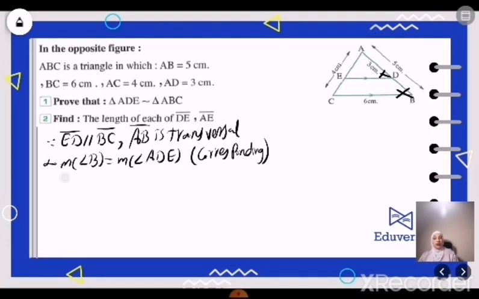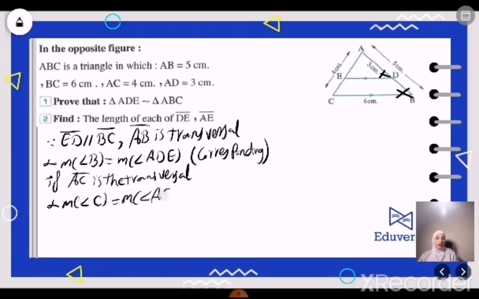And also on the other side, if we have AC as the transversal, we will say that measure of angle C equals measure of angle AED.